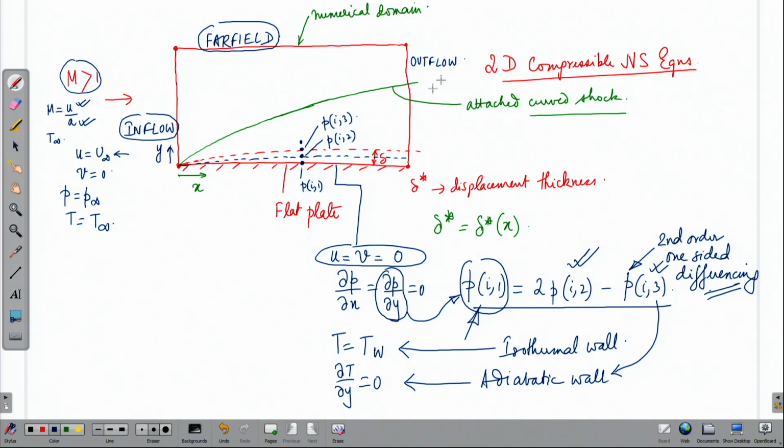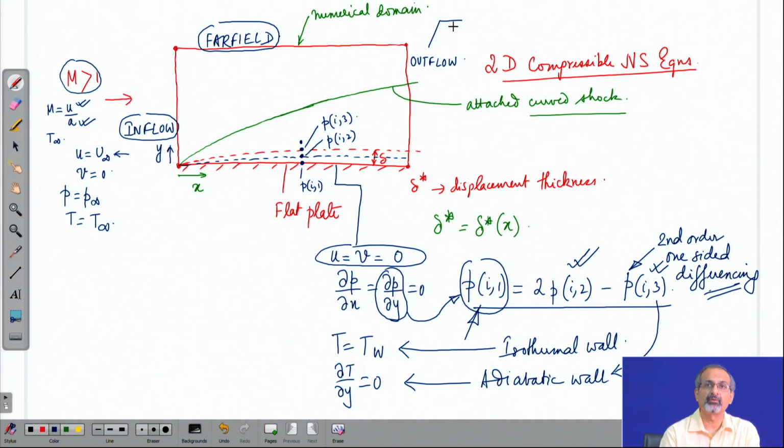How about the outflow? In the outflow region, we generally extrapolate the conditions from the inner region of the flow. So, in the outflow, we have to invoke information from inner points like this, and let us say if you want to extrapolate the u value, you can write an expression like this, very similar to what we did for pressure at the wall.